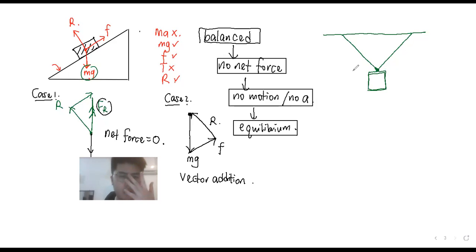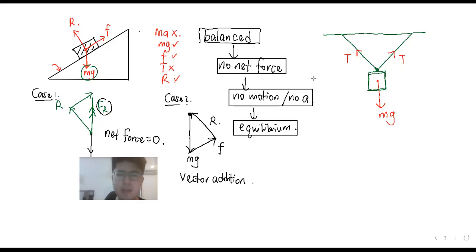Ma, there's no acceleration. No. mg, okay, mg down. F, friction. There's no contact. So no friction. Tension, yes, there's tension. This string is pulling the object up, so I label T, pulling the object up in this direction.